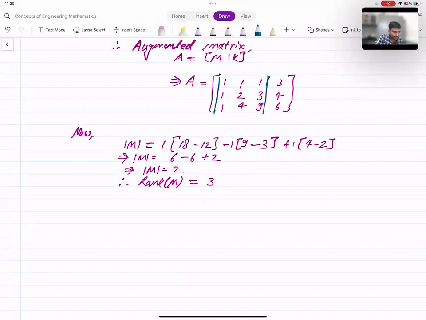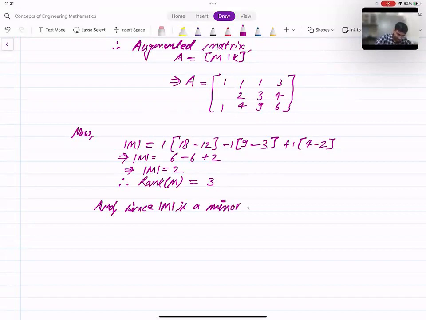So definitely the rank of A will also be 3.